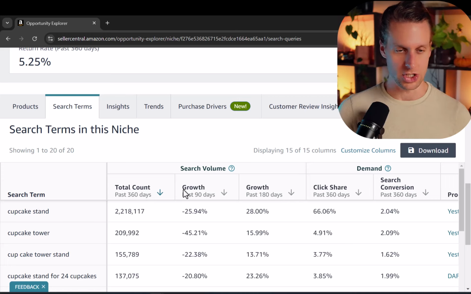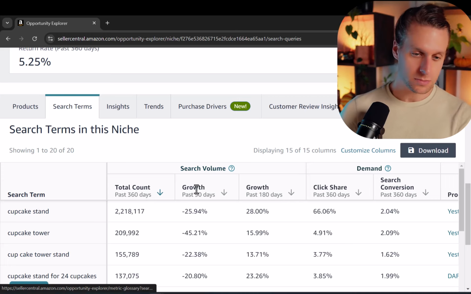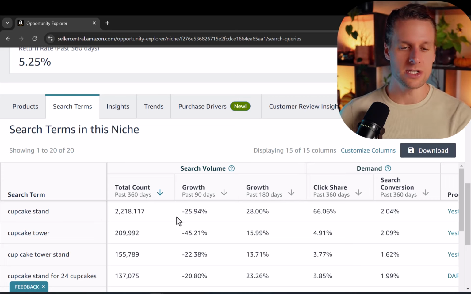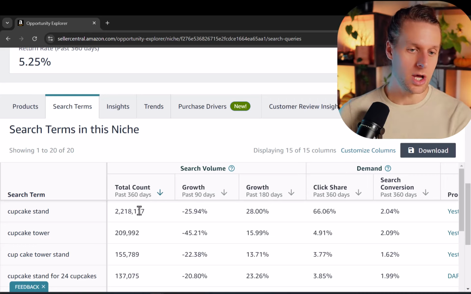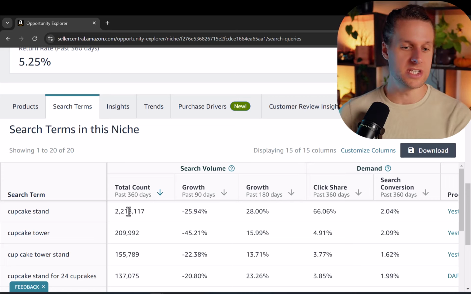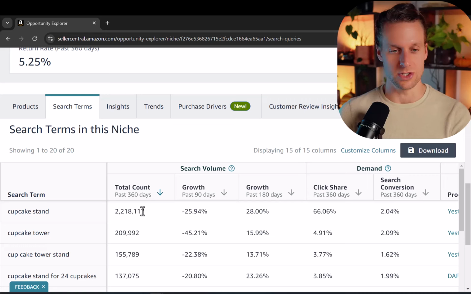Okay, so first of all, Amazon gives us a lot of useful data about these terms, right? It's giving us the total amount of search volume for a year. So if I want to know the monthly search volume, I have to divide this by 12. But still, I know that this search term has a ton of searches because it's going to be somewhere around 200,000 searches, right?